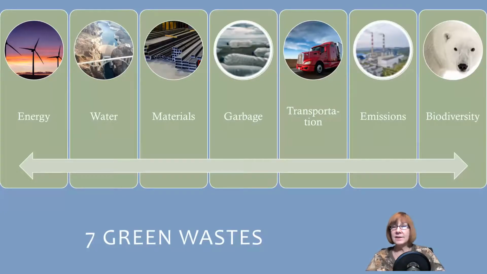These are examples of the 7 green wastes: energy, water, materials, garbage, transportation, emissions, and biodiversity. And you can set up a continuous improvement option or process, so that they can take a look at those in a realistic cycle.